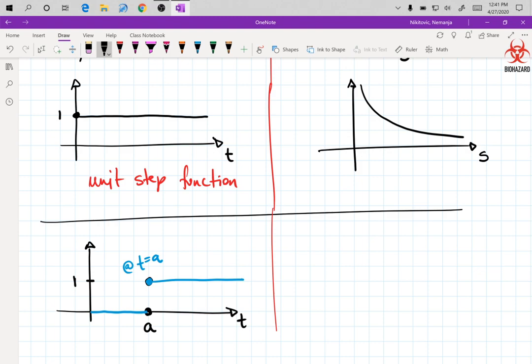So what it does, it creates the, I did not write that this is u of t, right? That's the name for this function, and this is u of t minus a. I hope you remember from pre-calc 1 all the way back that when you are shifting functions to the right, you subtract the value by how far you moved it, right?